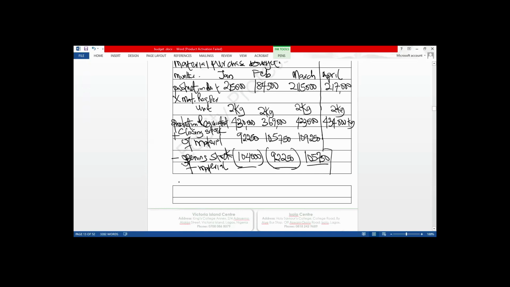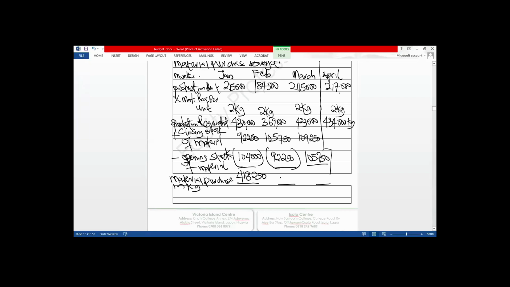Once you complete your 3-month budget, you can now get your material purchase in kg. 430,000 plus 92,250 minus 104,000. What is the material purchase? 418,250 kg. How many do we have here?